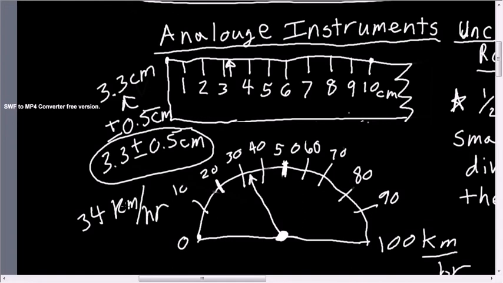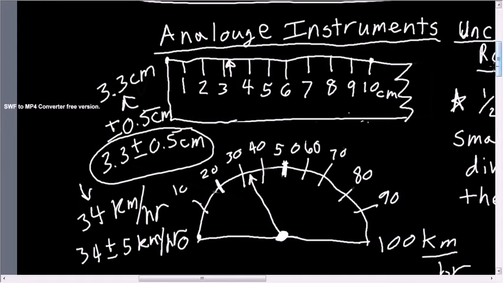So I've estimated the 4's place here, and I see that this speedometer is divided up into 10 kilometer per hour increments. So I know that 1/2 of 10 kilometers per hour is 5 kilometers per hour. So I would say that the speed that I'm reading on the speedometer here is 34 plus or minus 5 kilometers per hour. All right.